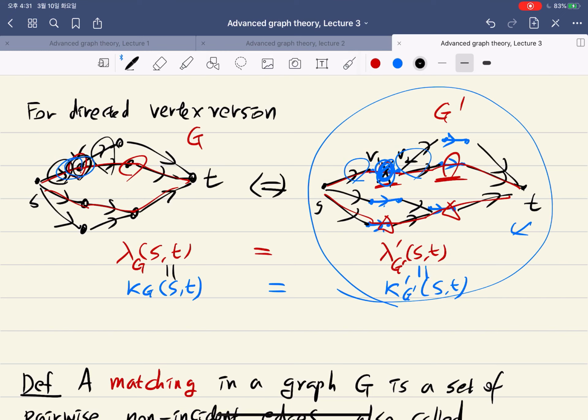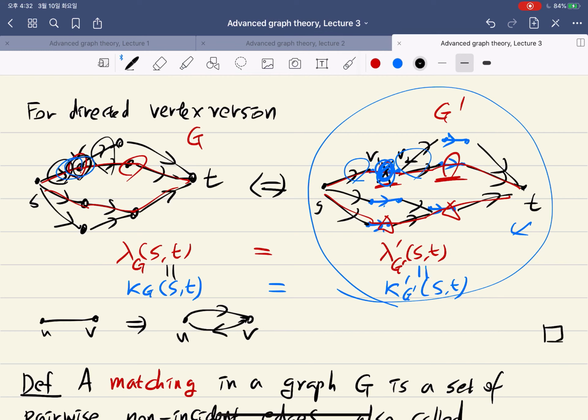And also, the undirected graph version can follow from the directed version by replacing each undirected edge with two directed edges. And then you just argue a bit, then you can prove the undirected version.